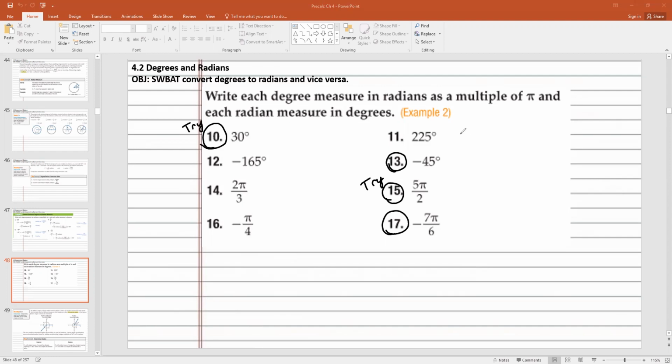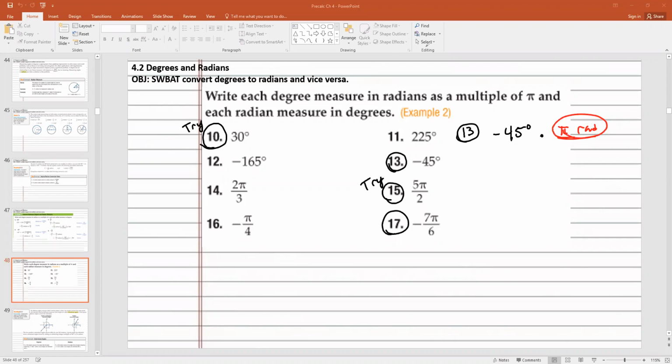All right. So 13, remember whatever unit you want should be on top. So here I have degrees and I want to change it to the other unit, which is radians. So that means I'm going to multiply by pi radians because whatever I want, I need that to be on top.